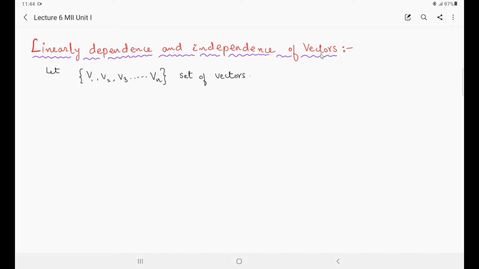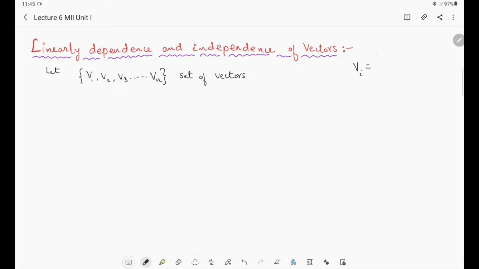Already in M1 we have discussed what is the meaning of vectors. Here in matrices, a row matrix or column matrix is called a vector, that is Vi. In general it is represented as Vi, meaning it can be V1, V2, V3 and so on.